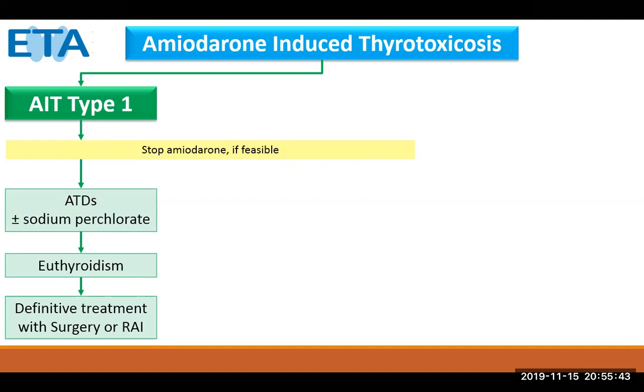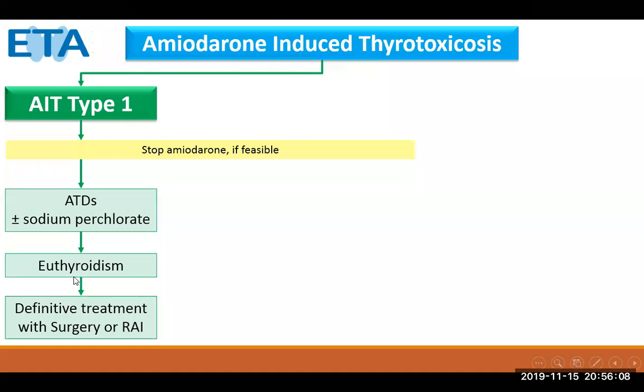You must give about 40 to 60 milligrams of carbimazole daily, and the response to antithyroid drugs is very slow in type 1. We can increase the response by giving sodium perchlorate 1 gram per day for about 1 month.